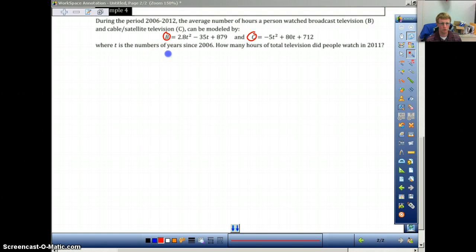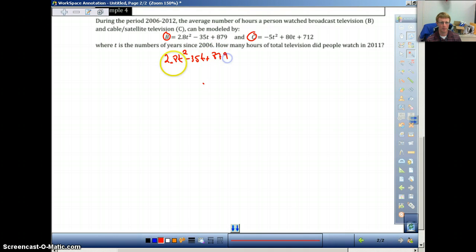So it's going to be 2.8t squared minus 35t plus 879 plus negative 5t squared plus 80t plus 712.